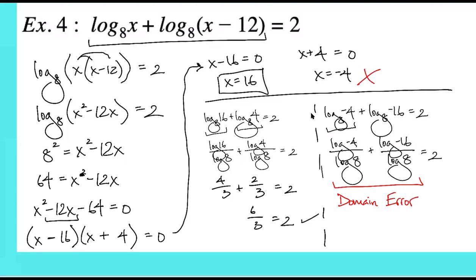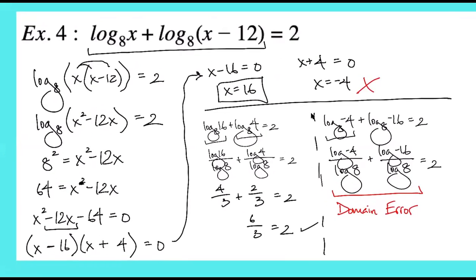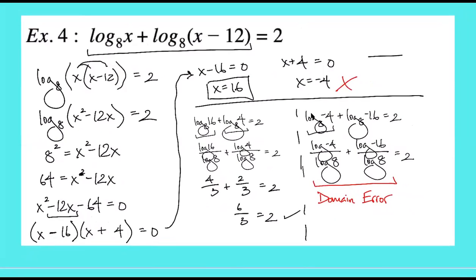But here's why that is. Let's think back to the graph of logs, okay? So the graph of a log looks like this. And remember, we said that it has a restricted, not range, but restricted domain. So if I wanted to find log of -4, I'm really saying I want a point over here.